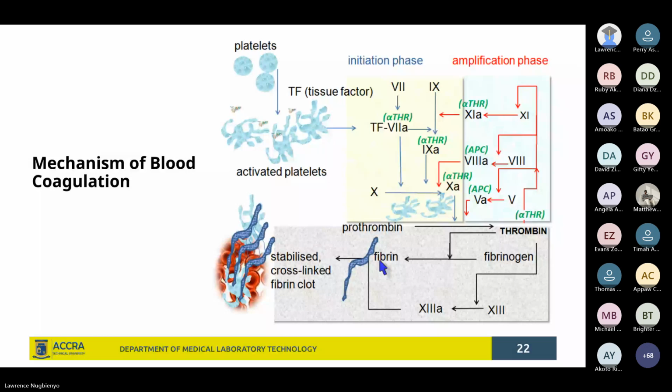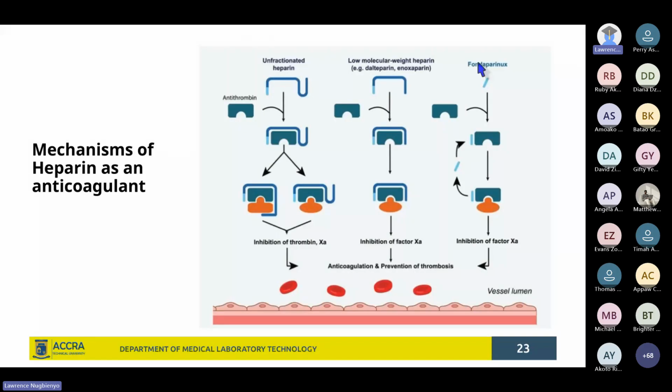And now heparin actually will be acting on this. So pay attention to this, because I said we should forget about these things and focus on this factor 10A, which is written as XA, and on the conversion of this prothrombin to thrombin, coming down to the formation of the fibrin. And we see heparin in different forms that bind to a protein, antithrombin.